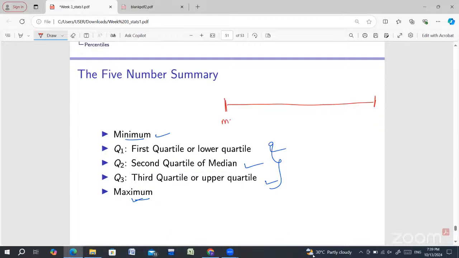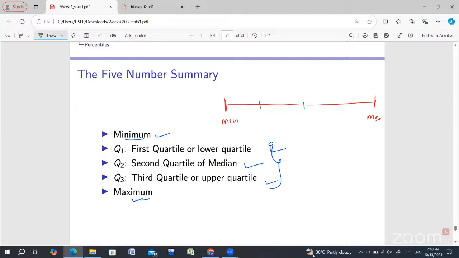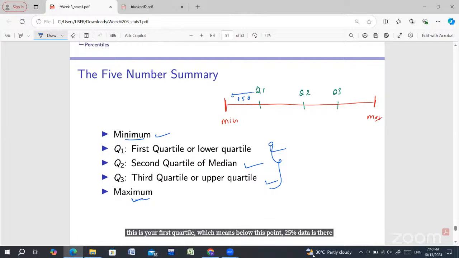So suppose this is your minimum value in the data set, this is your maximum value in the data set, and these are the different points, Q1, Q2, and Q3. You can say that this is your first quartile, which means below this point, 25% of the data is there. Between the first quartile and second quartile, 25% of the data is there.